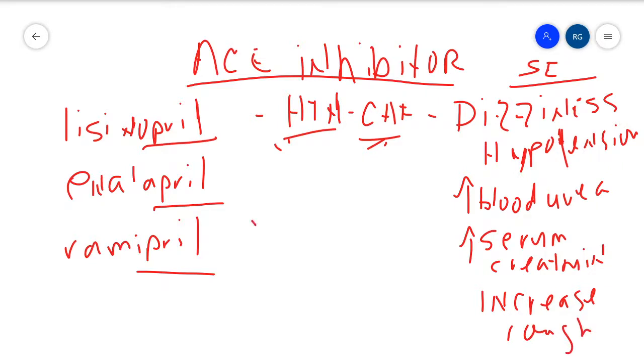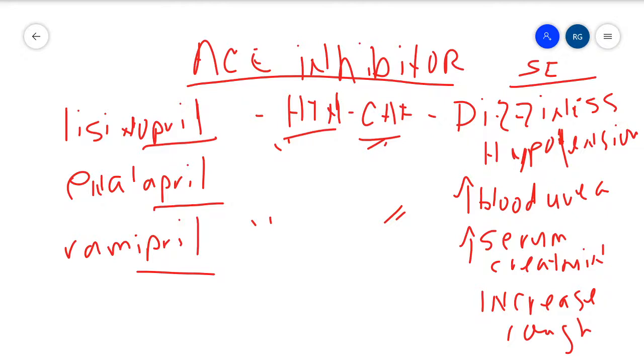So for the most part, ACE inhibitors end in PRIL. They all are for hypertension, congestive heart failure. Lisinopril causes dizziness, hypotension, increased blood urea, increased serum creatinine, while enalapril just increases the blood urea and serum creatinine.